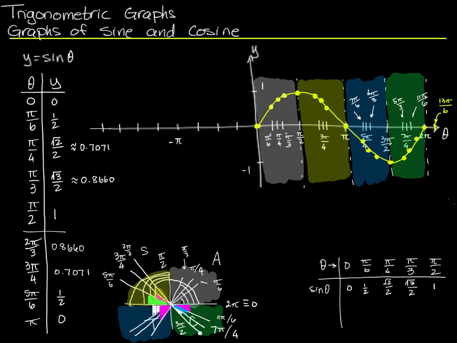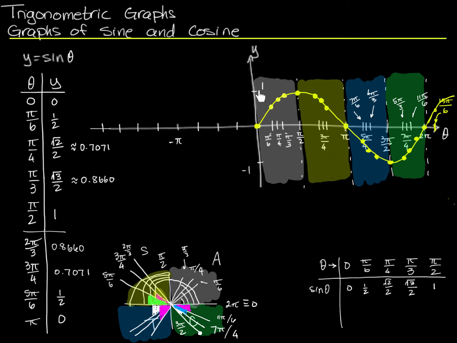That's my input, 13 pi over 6, but I have started over, right? It's like saying, okay, there's 2 pi now. Pi over 6, that's 13 pi over 6. They're coterminal. So of course they're going to have the same sine values, and so I'm going to have another point at a half. And this graph then just continues forever, going up and down and up and down.